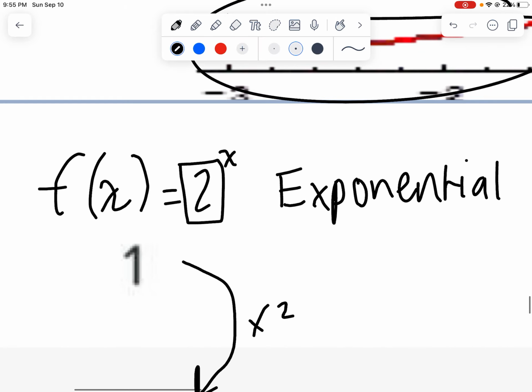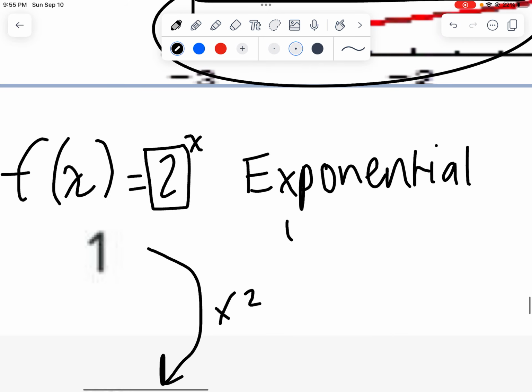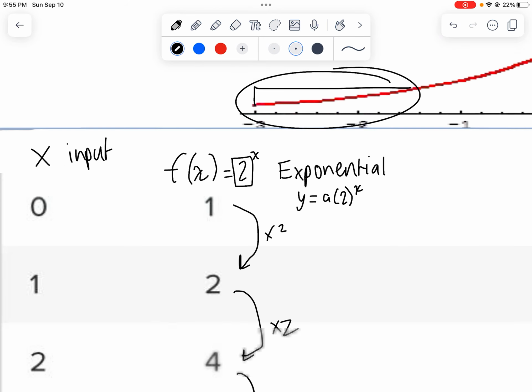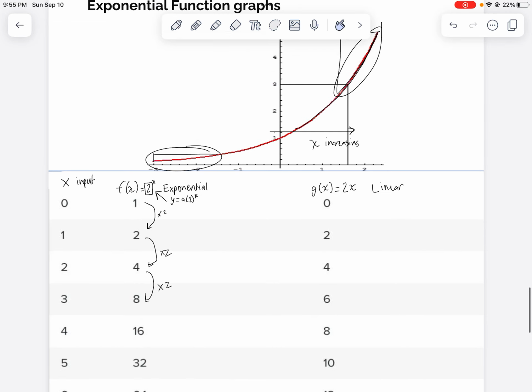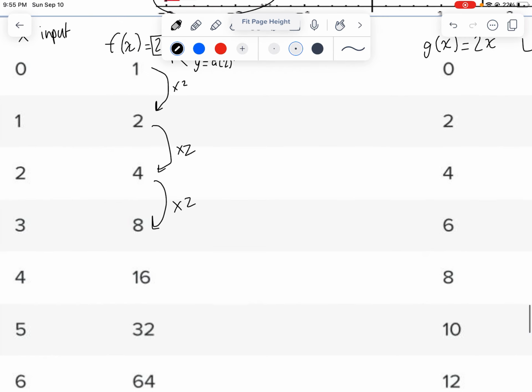Here, the default value for a, when we're not given any value of a, is just 1. So this is the same thing as y equals a times 2 to the x. That's the pattern here, times 2, times 2.